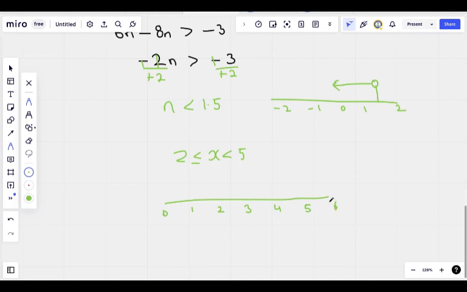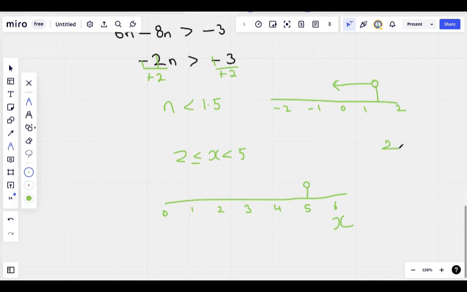Let's say these are your numbers, and this is your x. So this inequality says x is less than 5, so you go to 5, it is only less than, so I draw only a circle on top, and greater than or equal to 2, the same x.